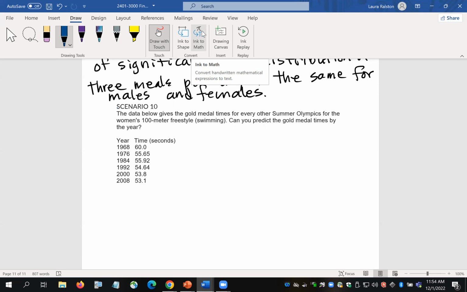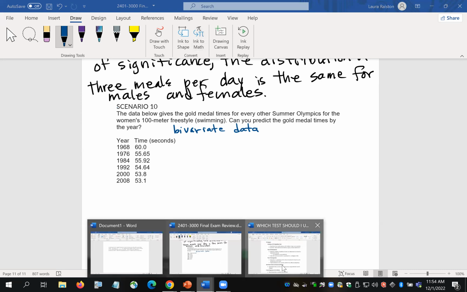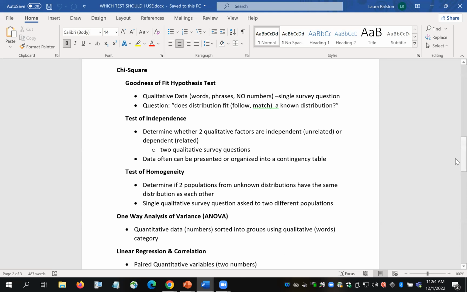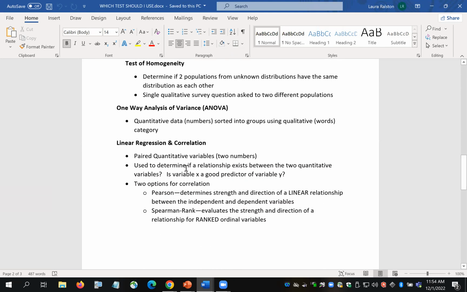So in this particular case, we have what is called bivariate data. We have 2 different variables. And if you go back and look about which distribution or which test to use, the only one where we had 2 pieces of data that were paired together was linear regression or correlation.